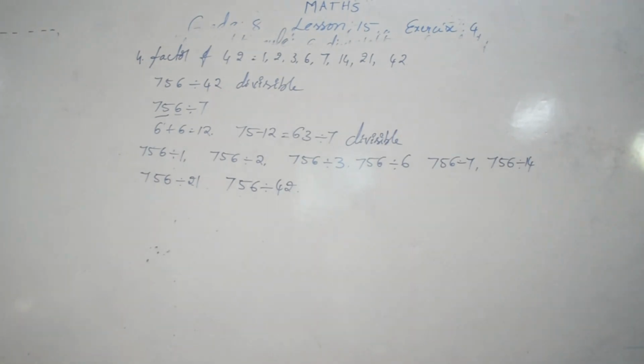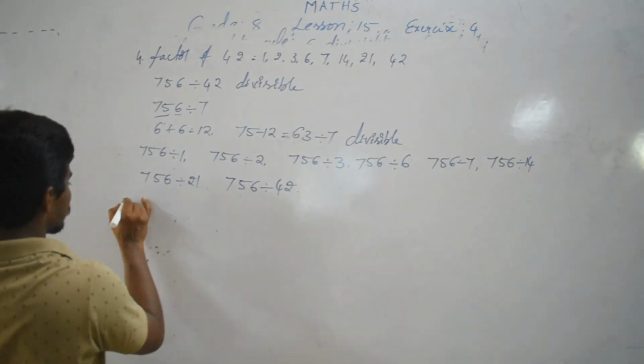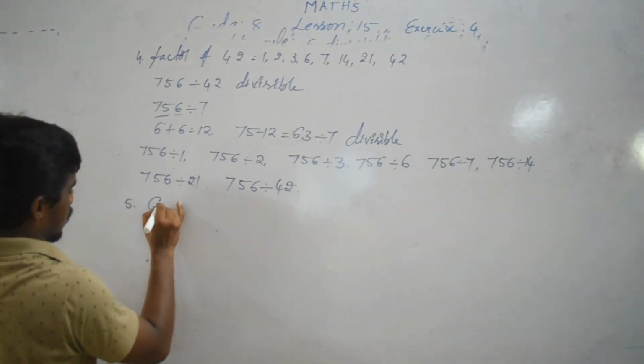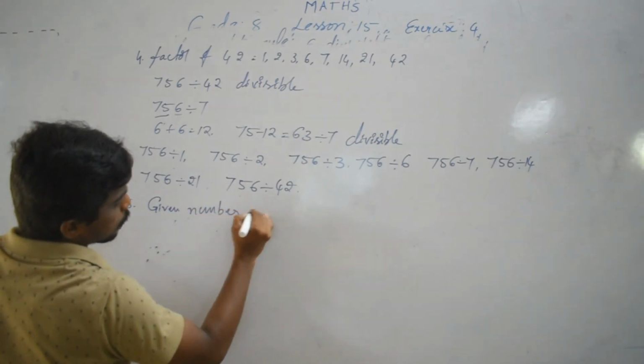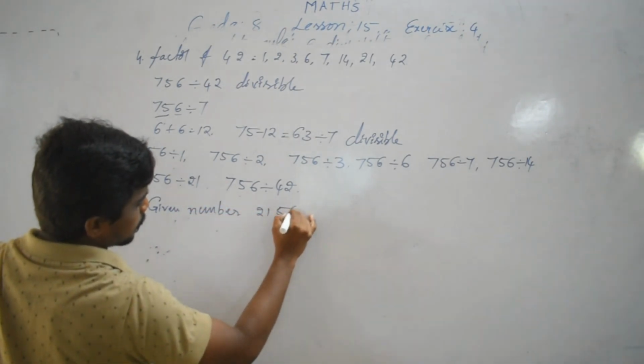Next problem. Check whether 2156 is divisible by 11, and verify whether 2156 is divisible by the product of 11 and 7. Given number 2156.